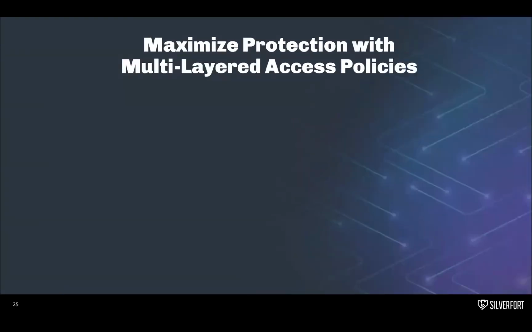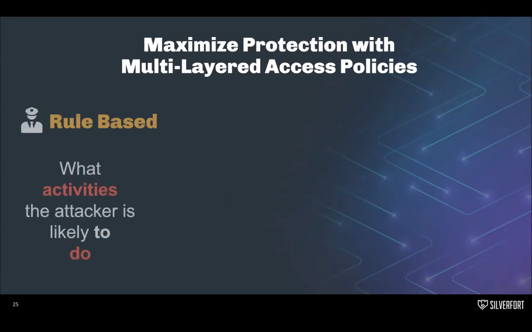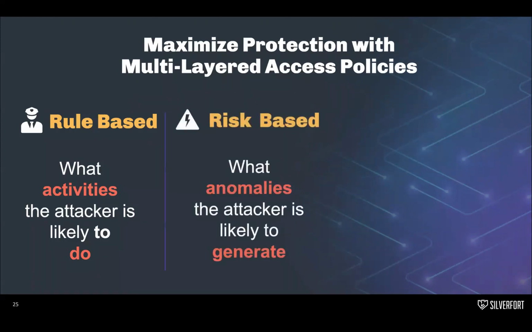Now, this protection we deliver with access policies, and the concept here is multi-layered. We can build policies that are rule-based, that anticipate the activities the attackers like to do, and say when these activities occur, block or require MFA. We can have risk-based policies. Remember we said we're doing visibility and risk analysis.